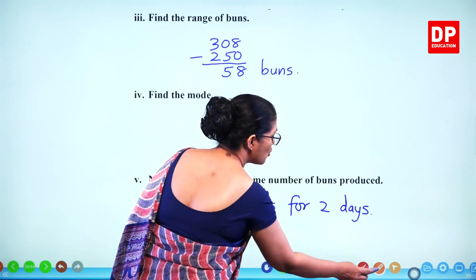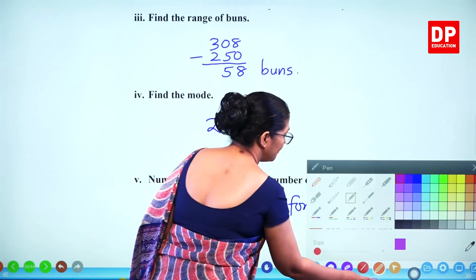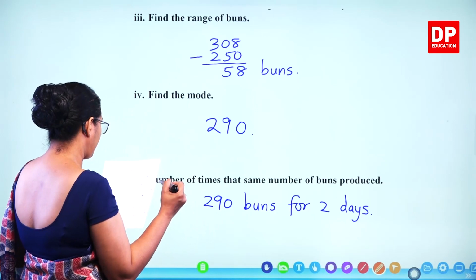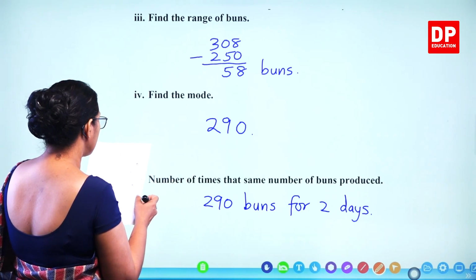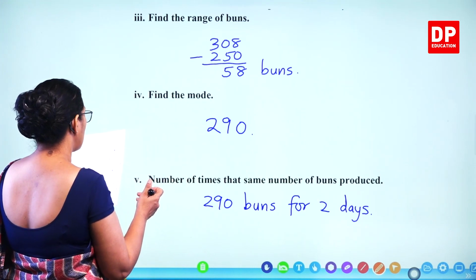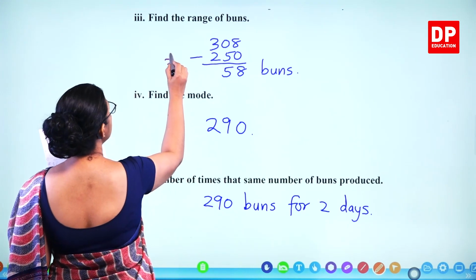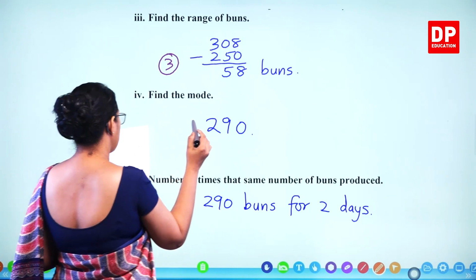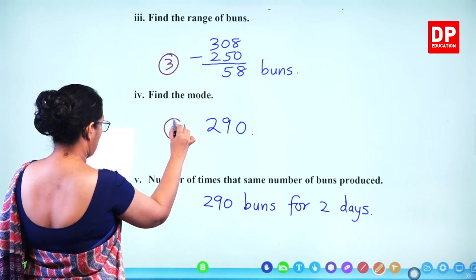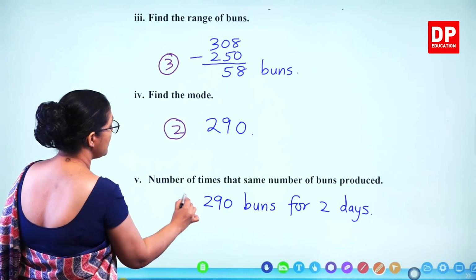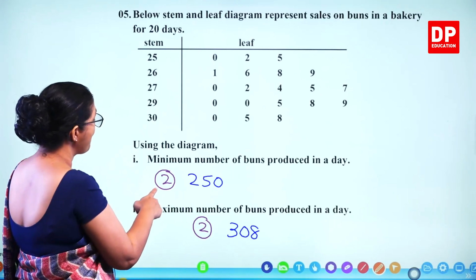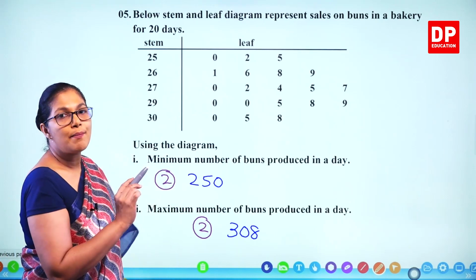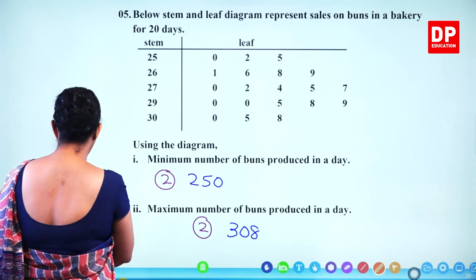All the other numbers just once. So you are getting 3 marks for the difference and 2 marks for these two. So 5, 7 and 4, 11 marks for question number 5.